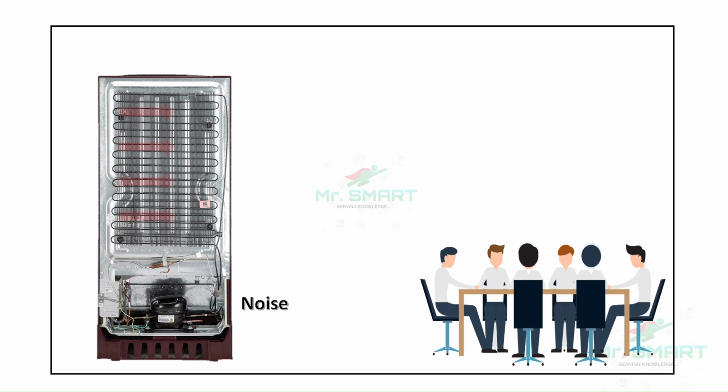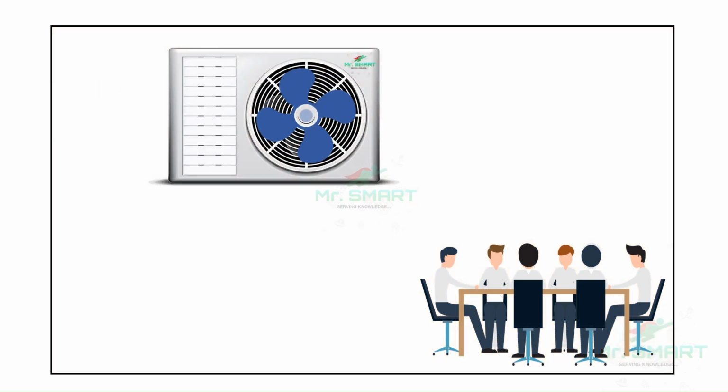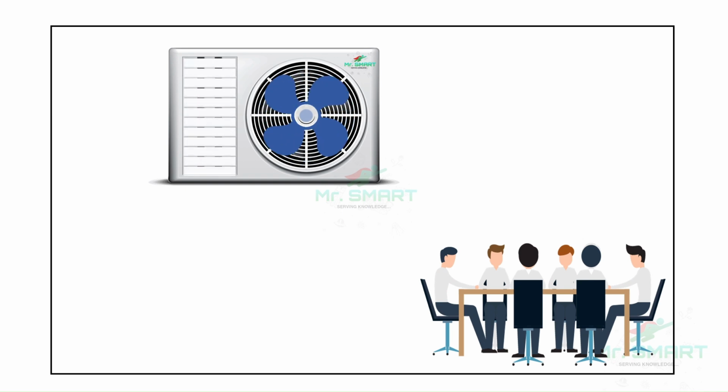And the condenser also dissipates heat into the room, making it hot and uncomfortable. But after a few minutes the compressor and heat dissipation from the condenser stop, as the space inside the refrigerator has reached the defined temperature. But that is not the scenario when it comes to air conditioning.